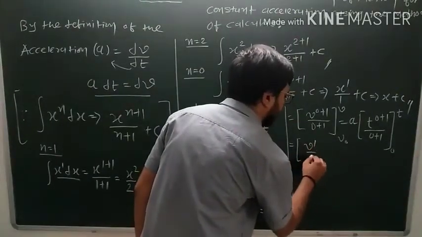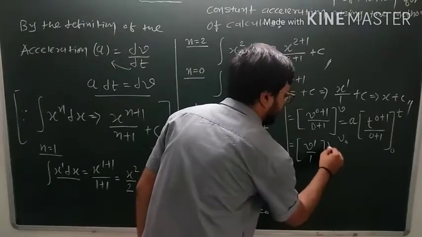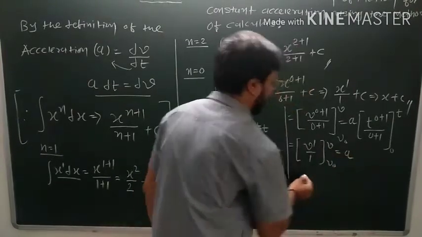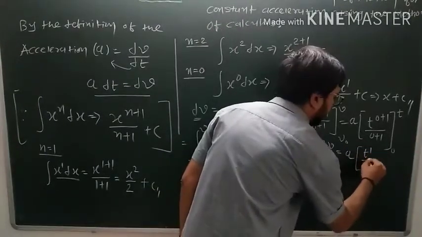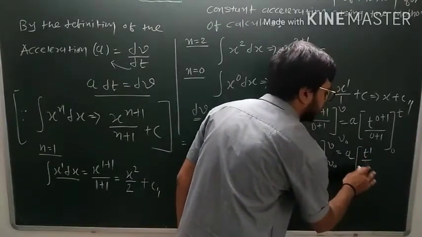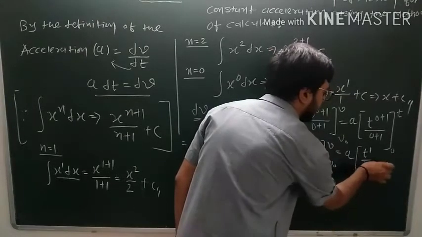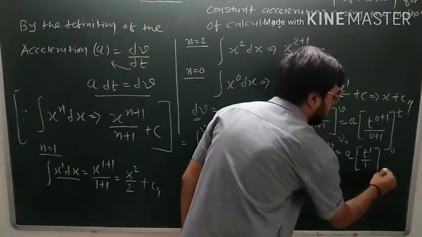v raised to 1 by 1, v naught to v, and a t raised to 1 by 1, 0 to t.